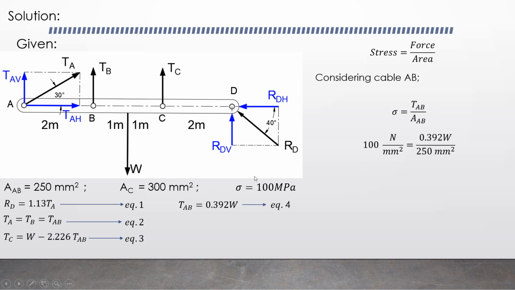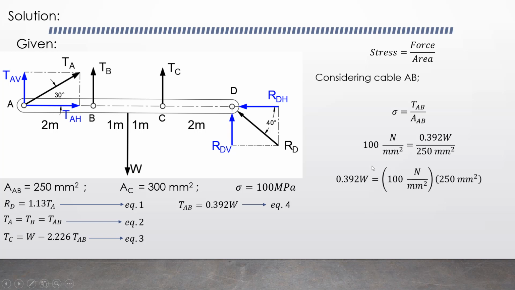So the stress is equal to 100 megapascal, and the tension at AB is equal to 0.392 W, from our equation 4, and then divide it by the area.